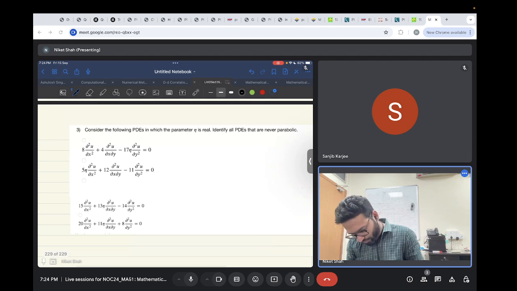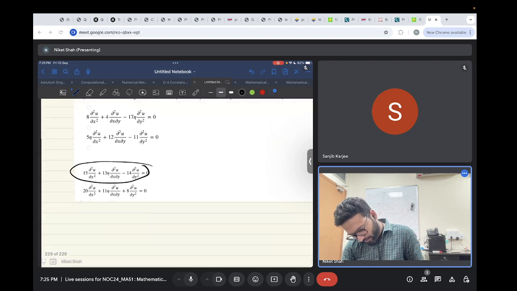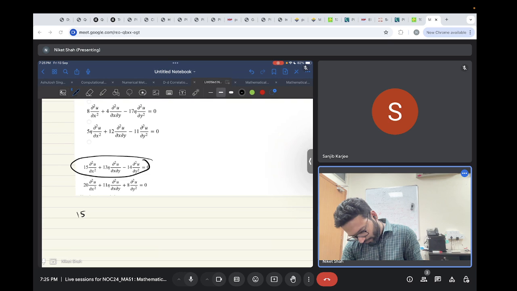All right. So let's randomly take the third option. 15 del square u by del x square plus 13 eta del square u upon del x del y minus 14 del square u by del y square is equal to 0.